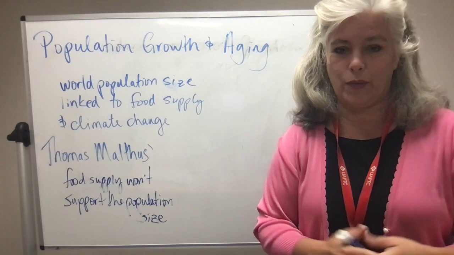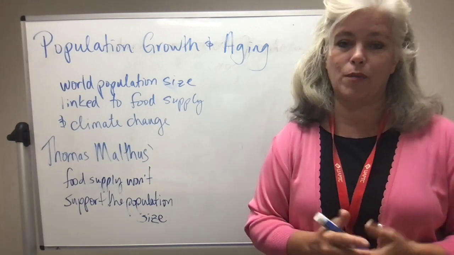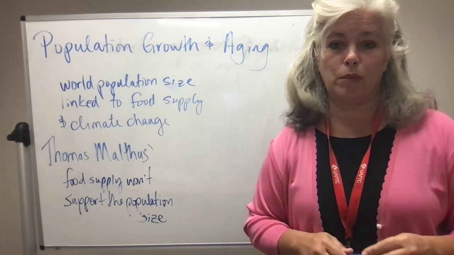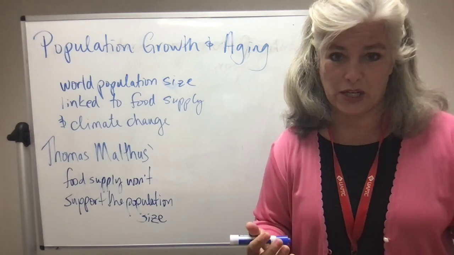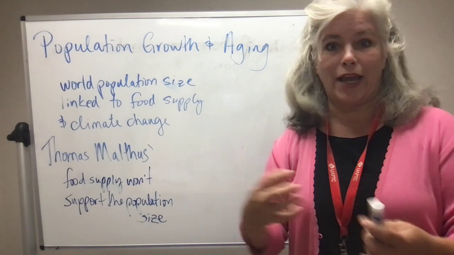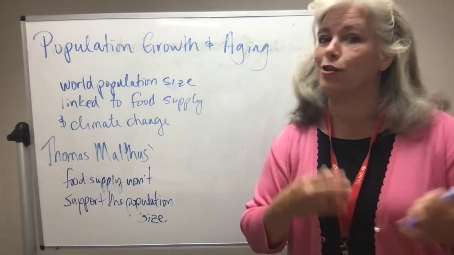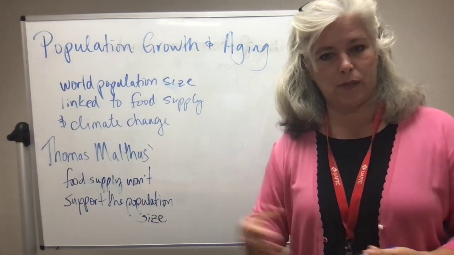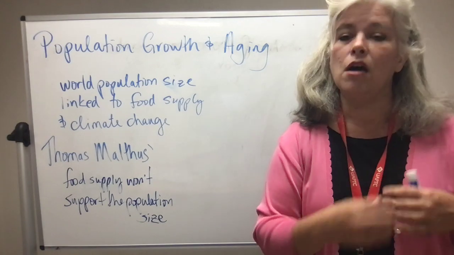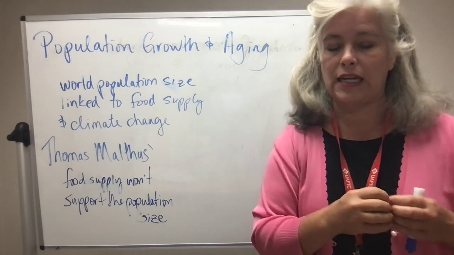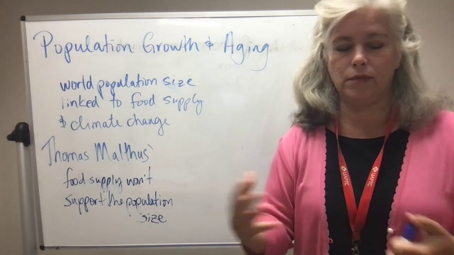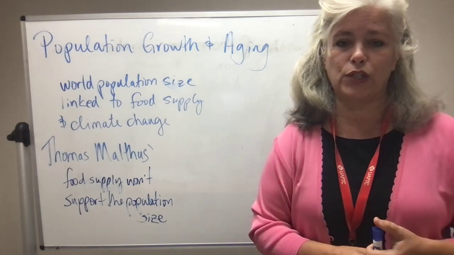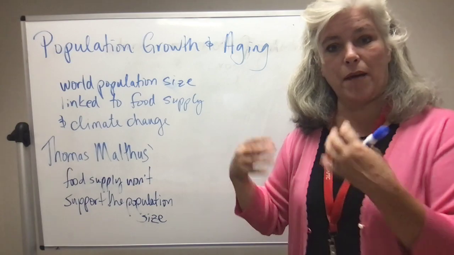We can feed them. Part of the reason why there's so much hunger in the world in certain places is not because there's not enough food, but because of corruption in the governmental agencies and individuals who are supposed to have the population's best interest at heart, but instead funnel money and funding and sell food supplies or sell mineral deposits or whatever from their countries instead of thinking about the population there.